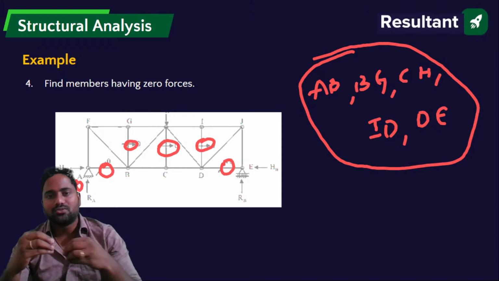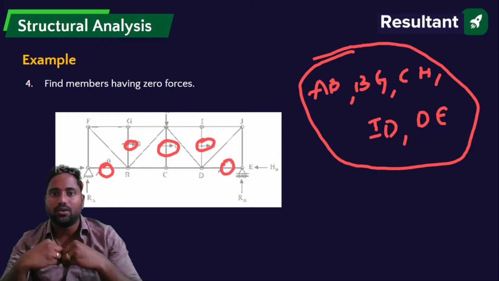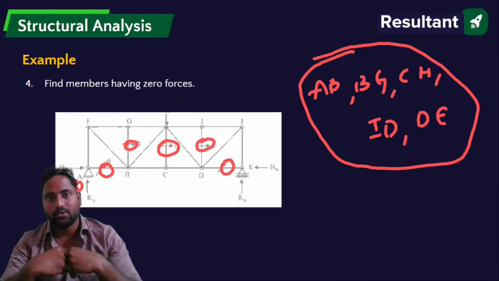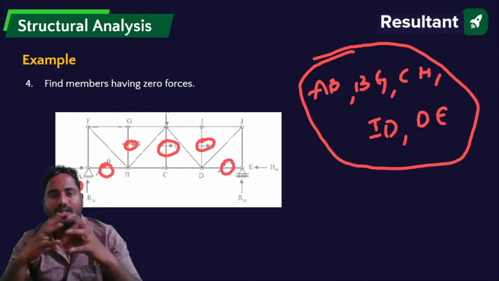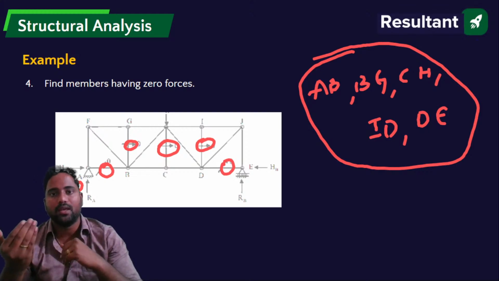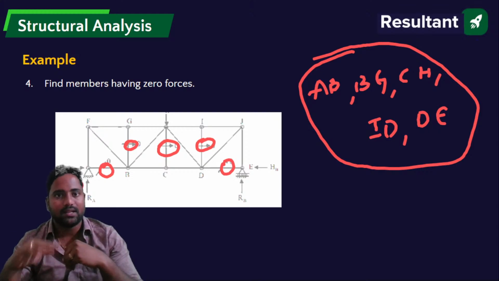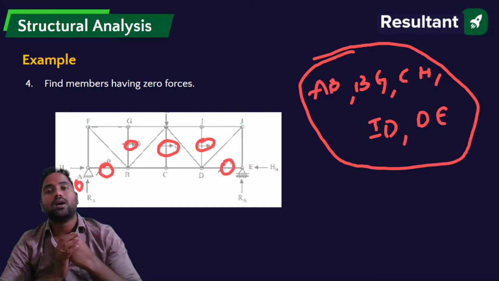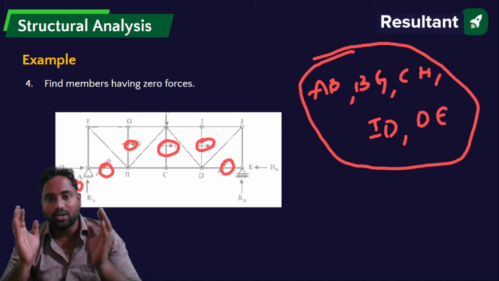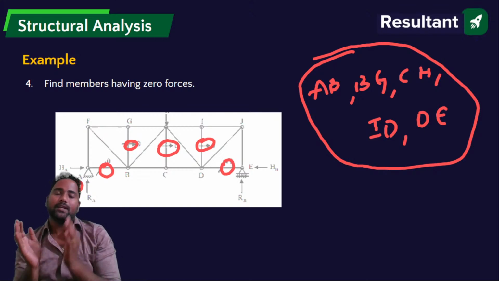And if lengths of the members are not given, we have used the sine rule to find the forces in the members: FA upon sine A equals FB upon sine B equals FC upon sine C. This is how method of joints is used to find the forces in a stable and determinate truss.